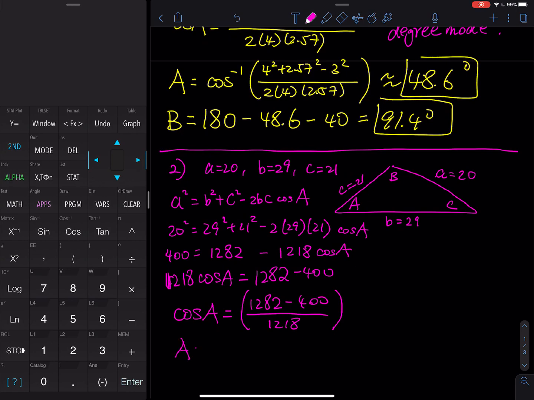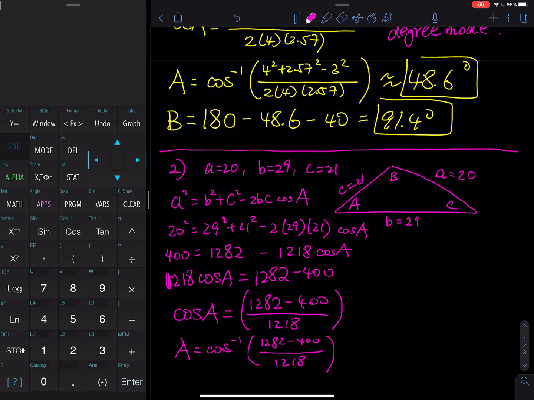So A equals inverse cosine of 1282 minus 400 divided by 1218. The reason I didn't do the subtraction and division first is because I am sure that if you take the numerator divided by the denominator, you have to do some rounding. I want to avoid round off error.